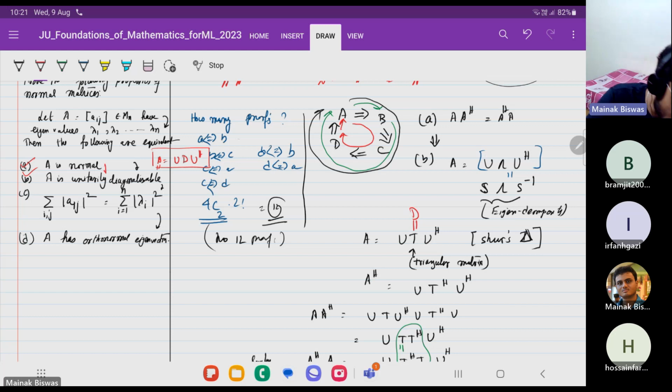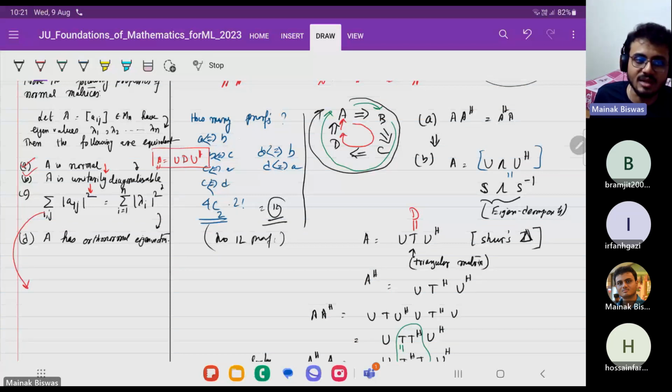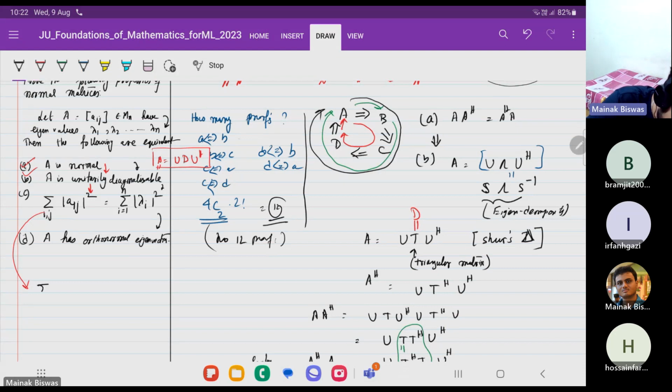How will I prove from B to C? That the sum of the squares of the elements of the matrix is equal to the sum of the squares of the eigenvalues. How will I do that? So how can I write the sum of Aij square? Can you write this as the trace of A A Hermitian?